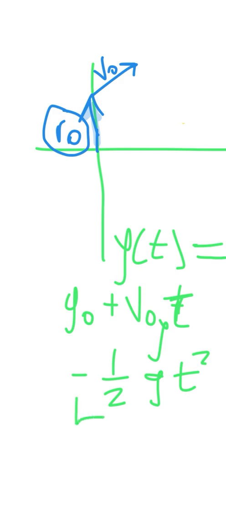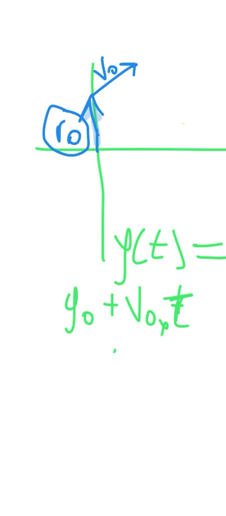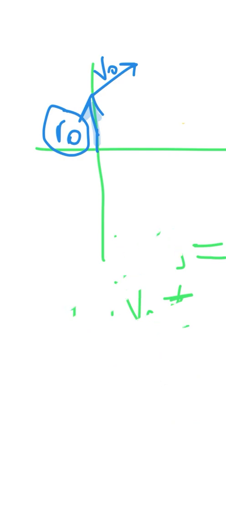Now, why do we use this equation? Let me write it again. We use this equation that I just wrote because we know that the y components of projectile motion are always changing.